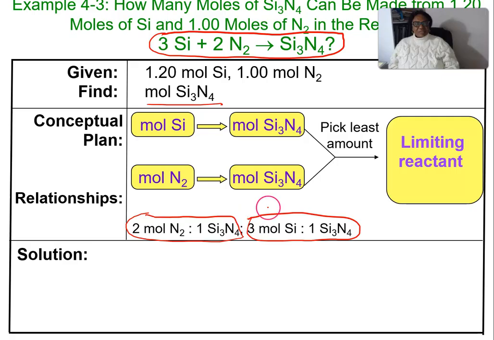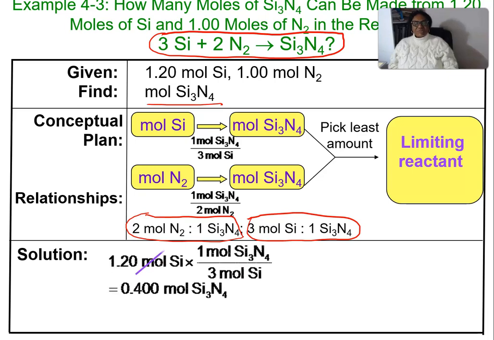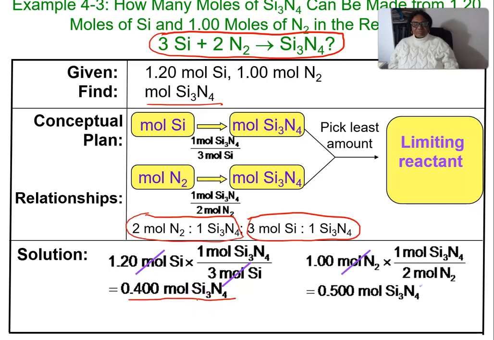For the different reactants and the product, we get conversion factors from those mole ratios. So we notice that 1.2 moles of silicon will give us 0.40 moles of trisilicon tetranitride, and 1 mole of nitrogen will give us 0.5 moles of trisilicon tetranitride.